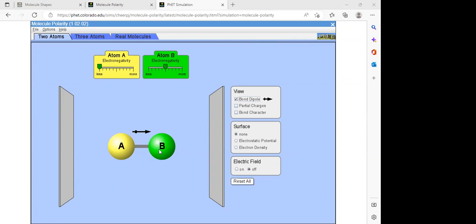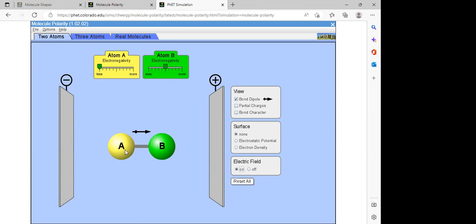Now, atoms have different electronegativities. What are electronegativities? It's the pull for these shared electrons in the middle. When I'm looking at this right here, if I turn this electric field on, right now atom B's electronegativity is higher than A. We know that whoever has the highest electronegativity pulls the shared electrons towards itself. Here, B would get the negative charge assigned to it. A would get the positive charge.